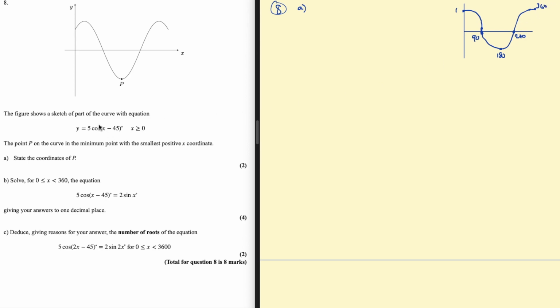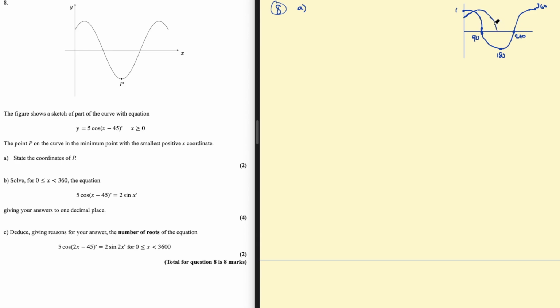So this function cosine of (x take 45) is a horizontal translation to the right of 45 degrees. That's why we're seeing it starting not quite at the maximum.